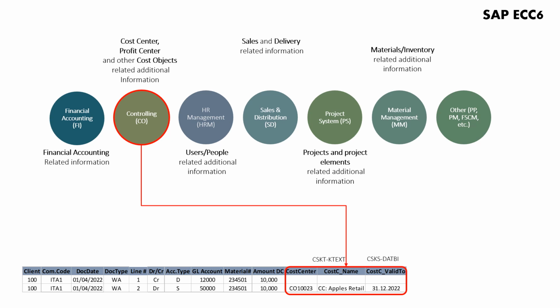In this example, we have included two distinct features for the same cost center. The first is the cost center name from the CSKT table using the key text field. And the second is the cost center valid to feature, which serves as an expiration date for the cost object.